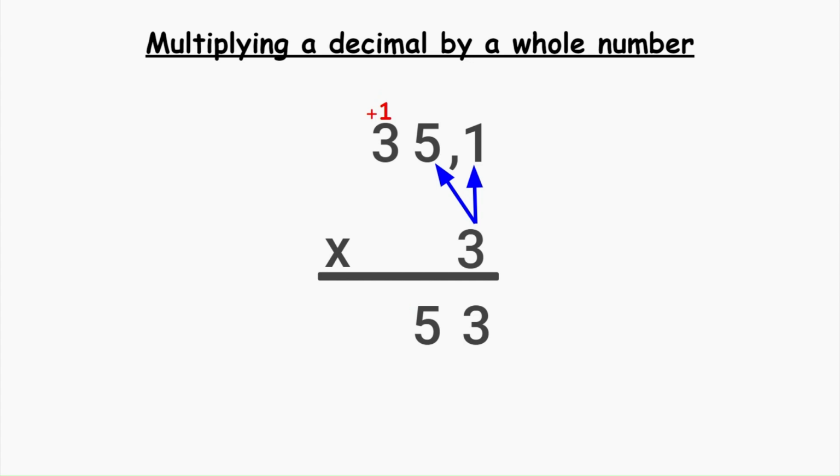Now that we've done that, we can multiply 3 by the very last digit on the top, which is 3. So 3 multiplied by 3 is 9. Now we need to add the number that we carried, 1, with 9, and that gives us 10. Now, there's one more thing we need to do.